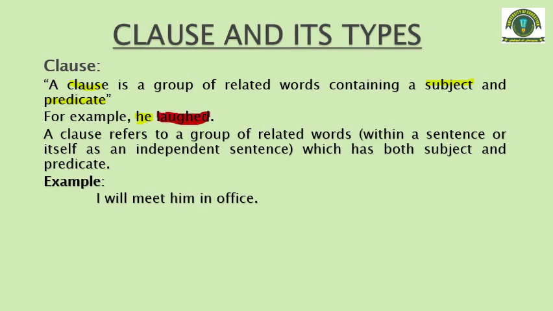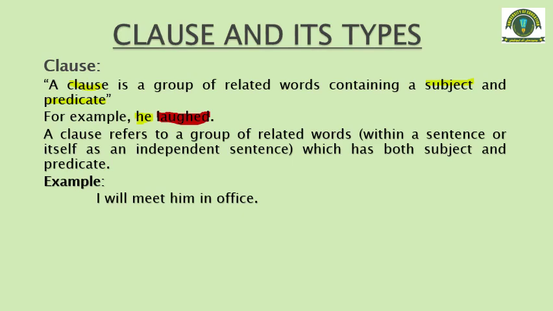So he is the subject and laughed is predicate. It is the verb. It is the action of the sentence. So we talked about two conditions that are necessary for any sentence to be called a clause. So he laughed fulfills those conditions.